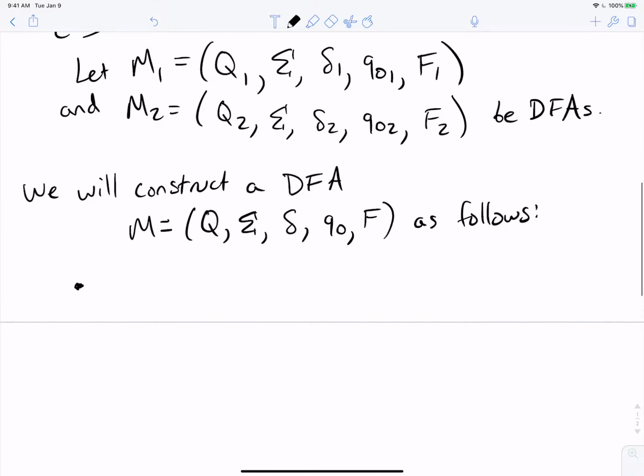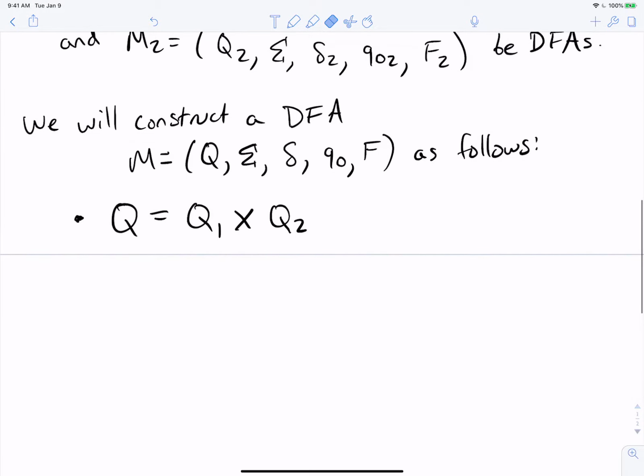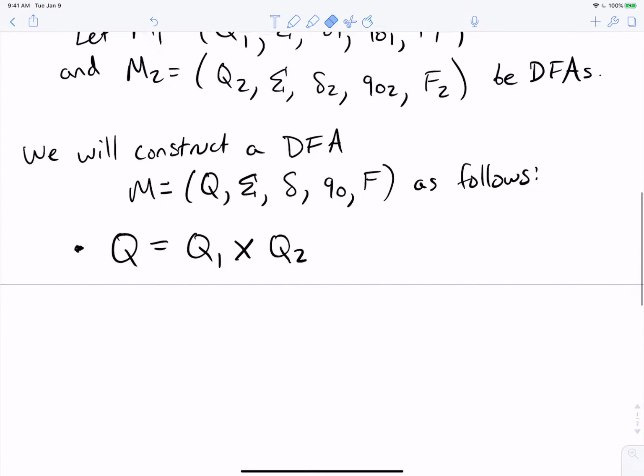So the set of states here is going to be the Cartesian product of the original state sets. So it's just all ordered pairs where the first state comes from the first machine and the second state comes from the second machine. That's why I was saying ordered pairs before. We're not ordering pairs here, we have pairs that are ordered.